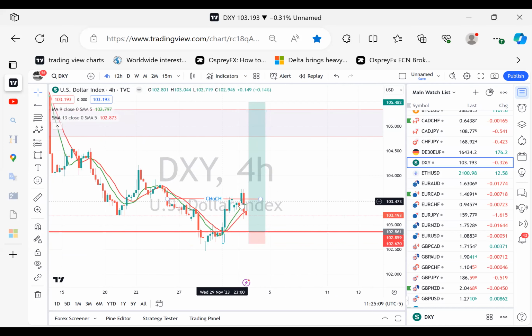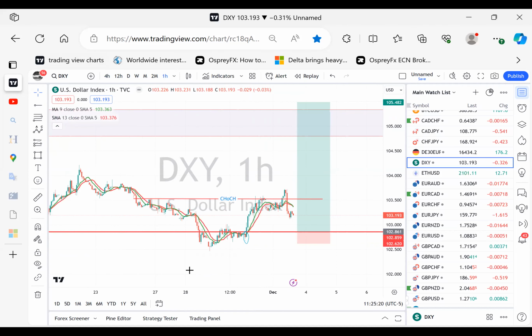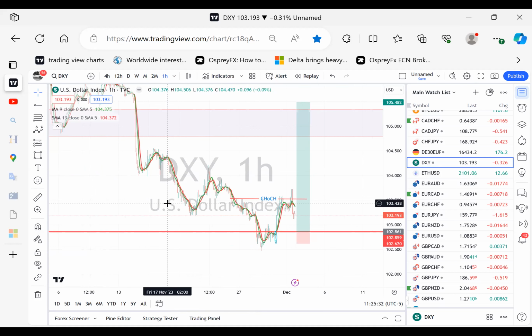The breaks of the highs and lows, right? On the lower time frame, probably a 1-hour. On the 1-hour, you get the change of character for this, right?